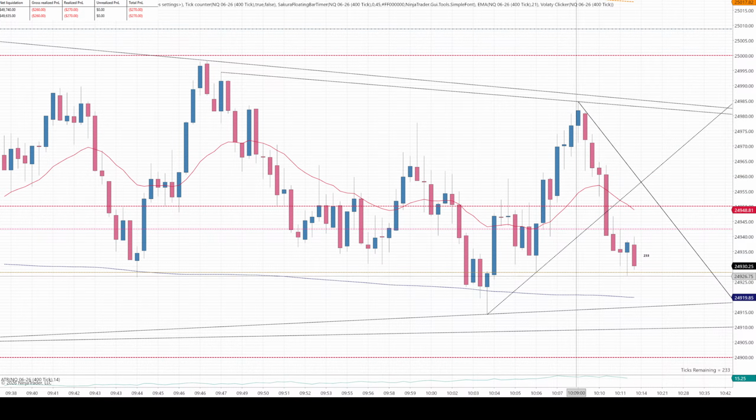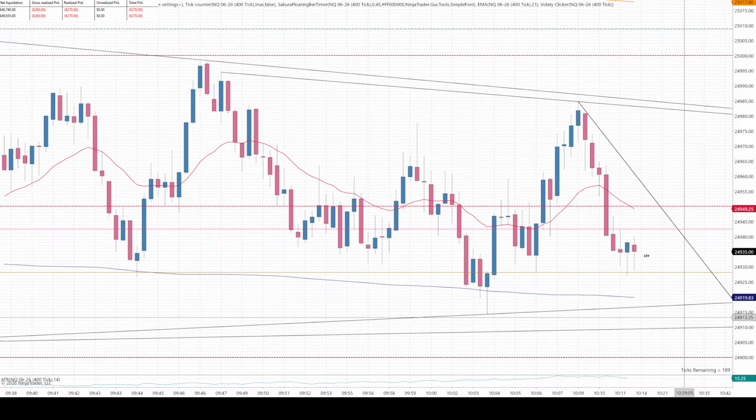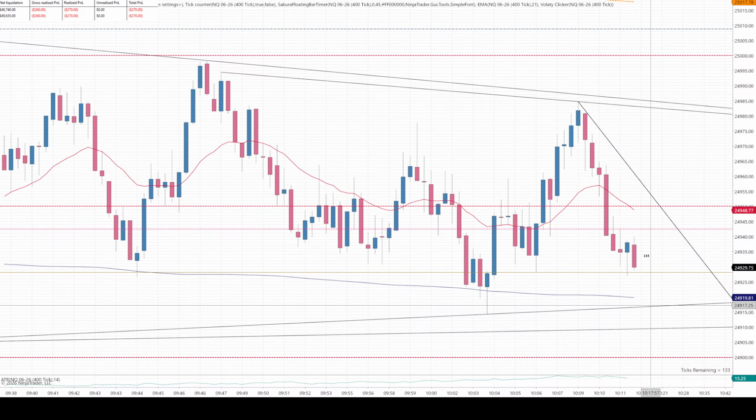I mentioned this earlier today because FOMC is today at 2 o'clock. The price action historically has not been great leading into FOMC because there's a ton of ambiguity. People don't know what the Fed is going to say about the interest rate.